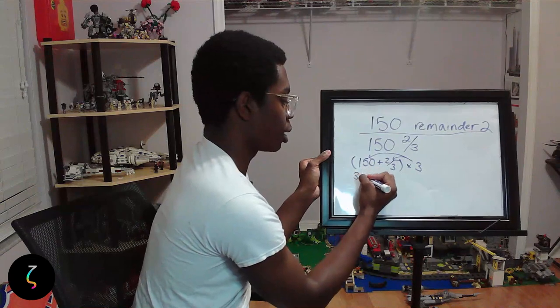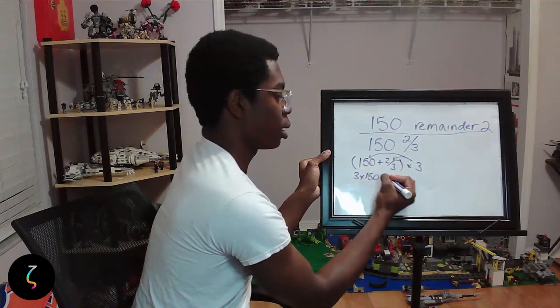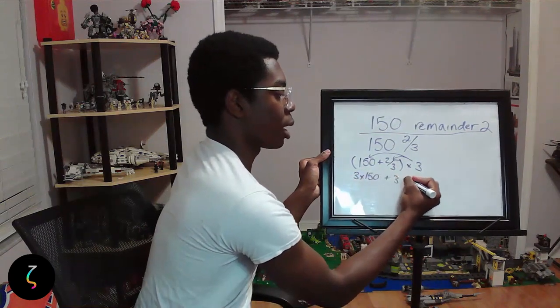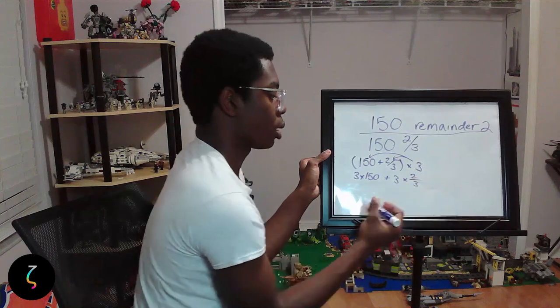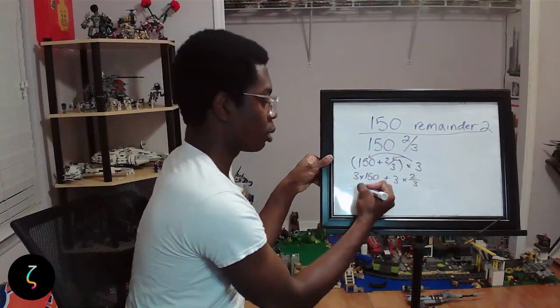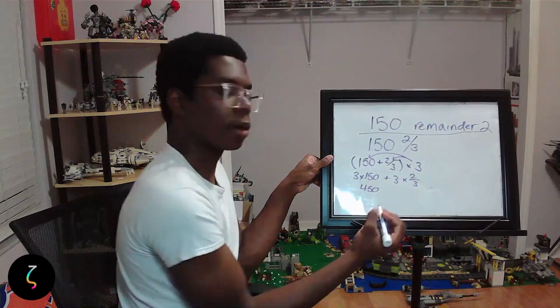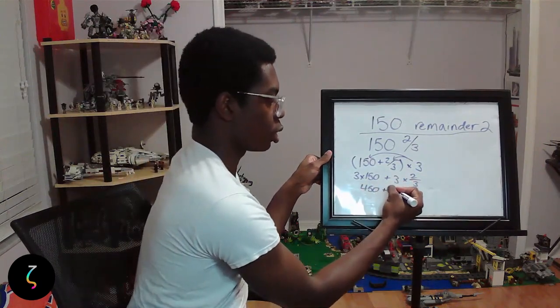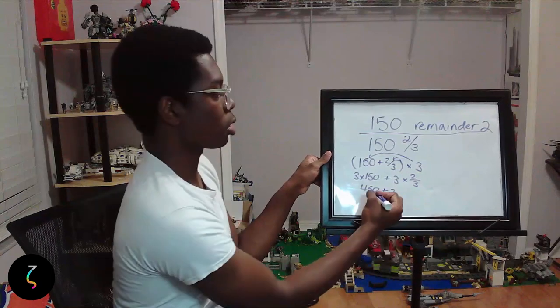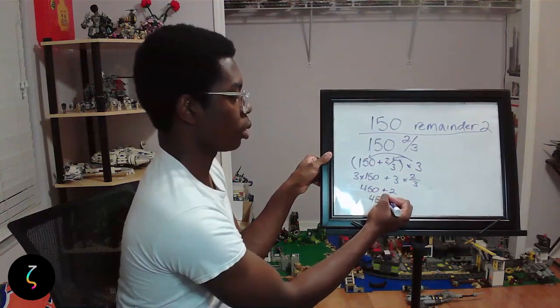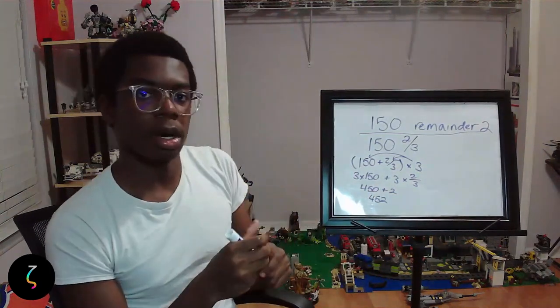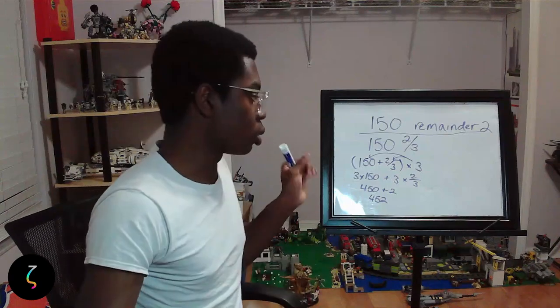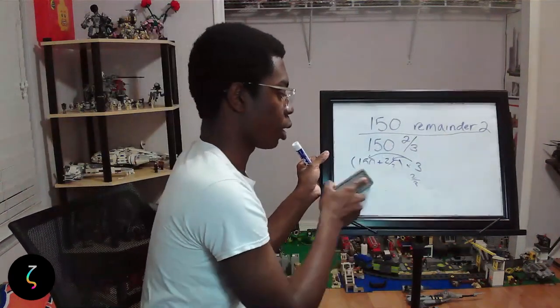So we'll have 3 times 150 plus 3 times 2/3. 3 times 150, like we said, is 450. 3 times 2/3 is going to be 2. And so this is also 452. So that also works as a way to represent our answer.